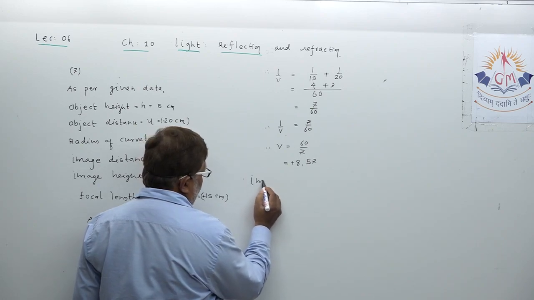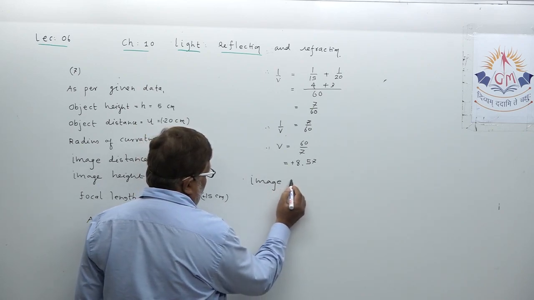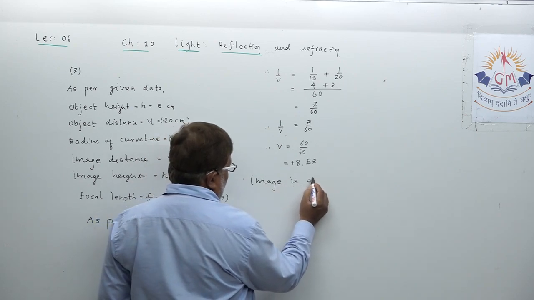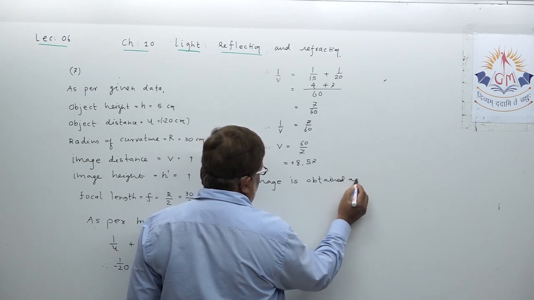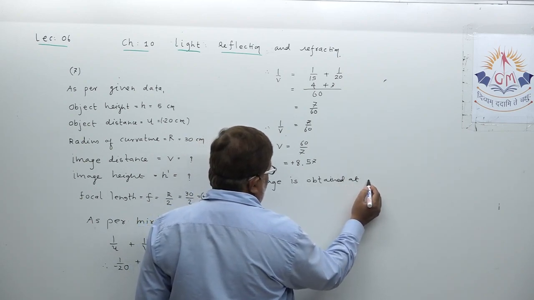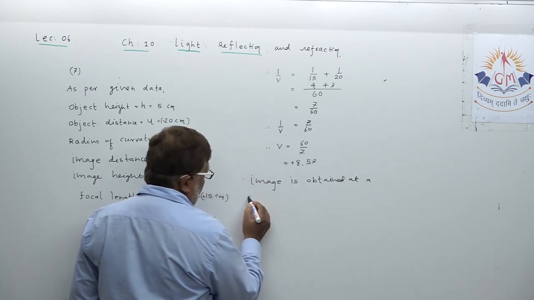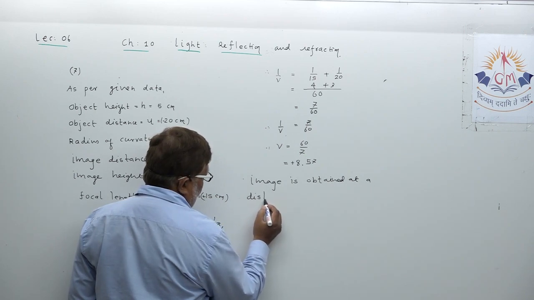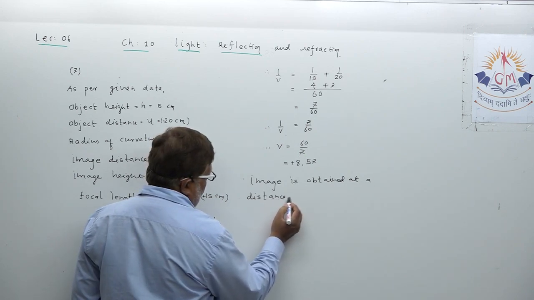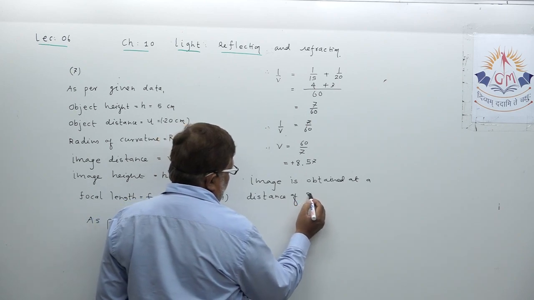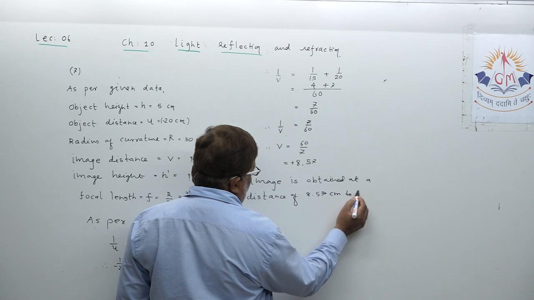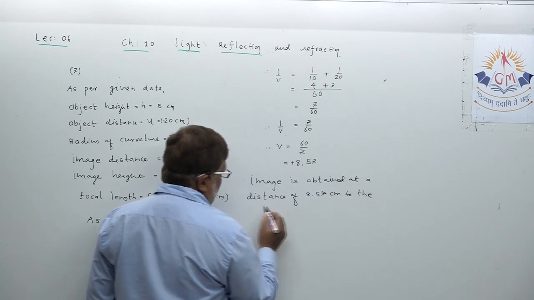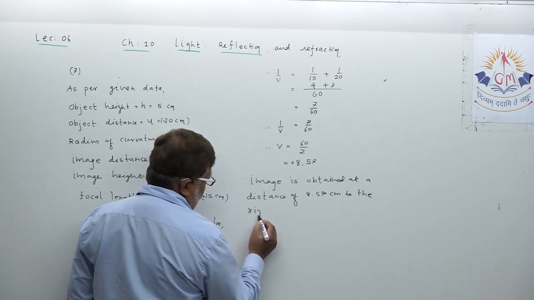Image is obtained. Okay, where image is obtained? Image is obtained at a distance of, you have to write this way, at a distance of 8.57 centimeter to the right side of mirror.